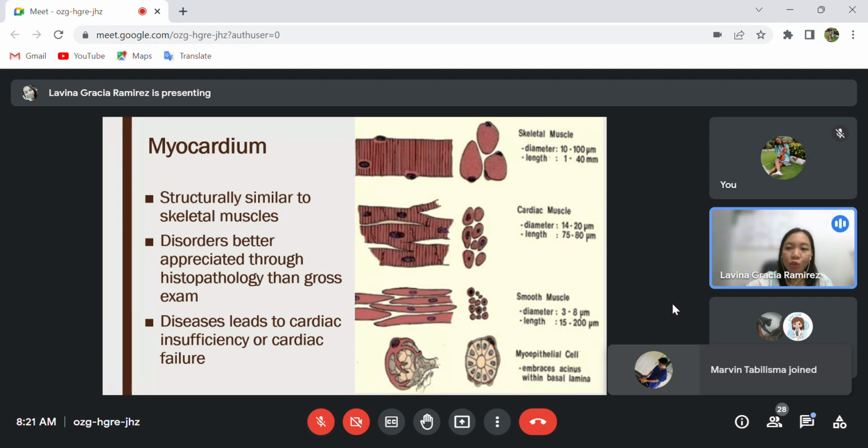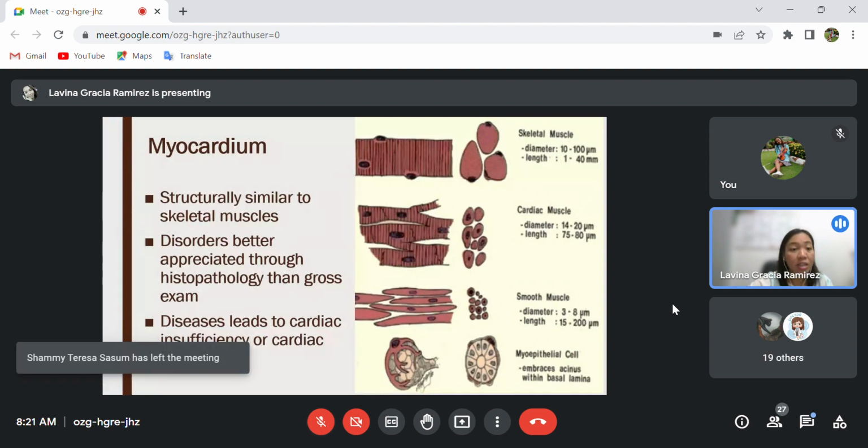Okay, so as a short introduction with regards to myocardium, for its review of anatomy and physiology, myocardium is structurally similar to skeletal muscles. However, I think I have also told you about the differences. Na-mention na rin natin last time yung differences ng cardiac muscle from a skeletal muscle.